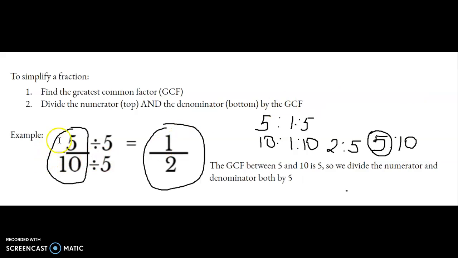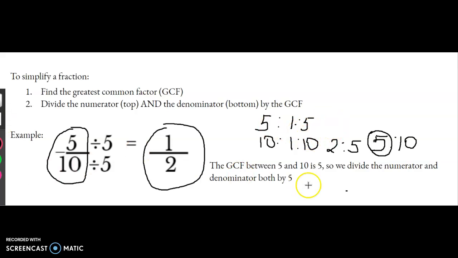For example, in the case of 5 divided by 10, we will find the greatest common factor this way. We just divide by each number, starting from 1. 5 divided by 1 is 5.